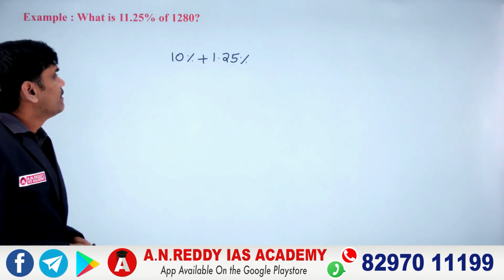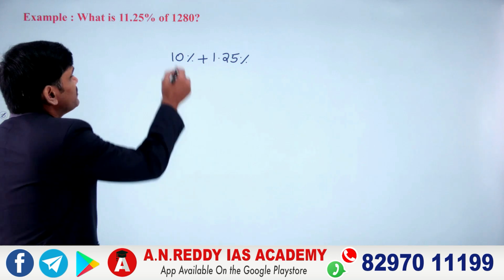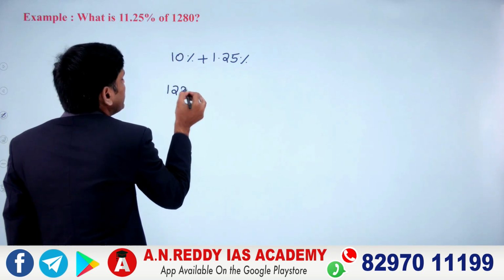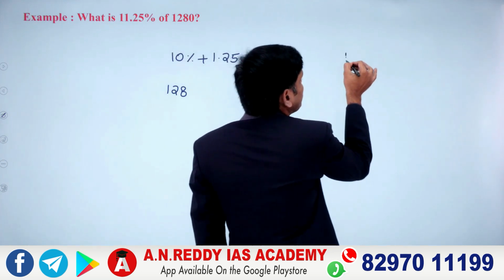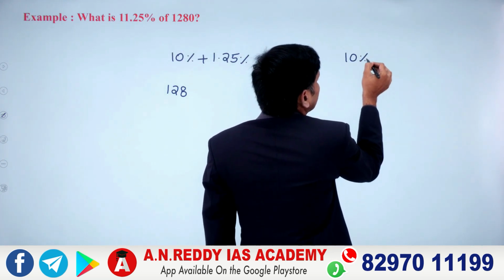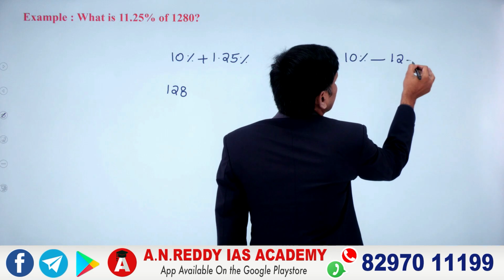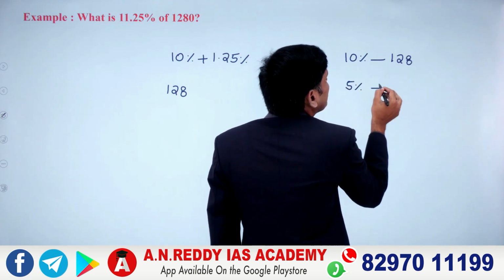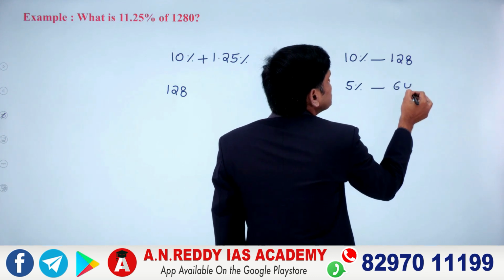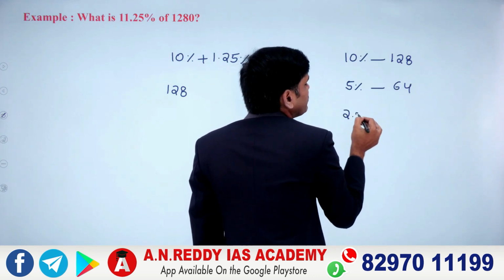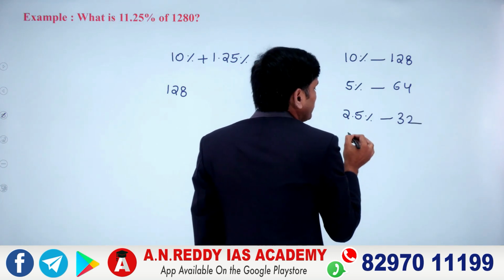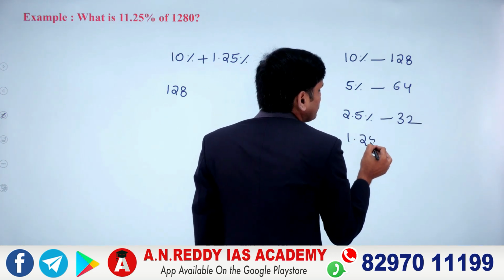Chalo dear. Now, 10% of this number is nothing but 128. So once you get 10%, from that you can get 5%. So 10% is 128, and just writing and showing for your clarity here, 5% is 64. 2.5% is 32. So 1.25% is nothing but half of this.